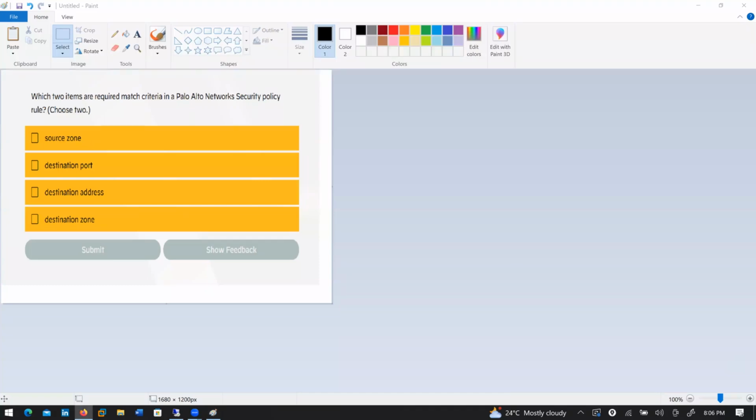Fast, fast. 1 and 4. Source and destination. Okay, 1 and 4 is the correct answer. Thank you.